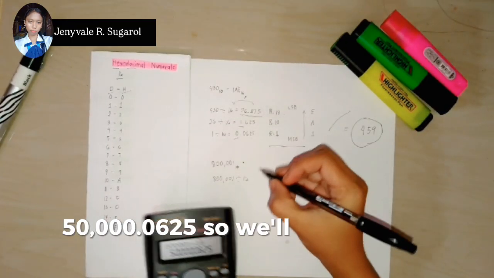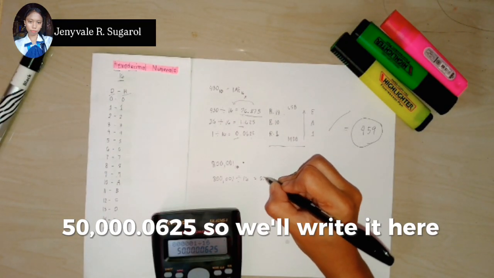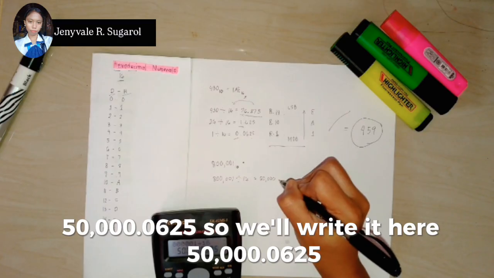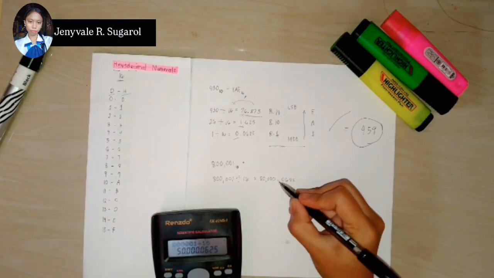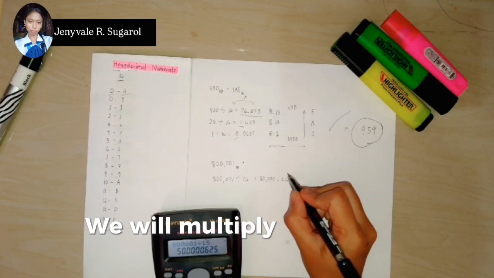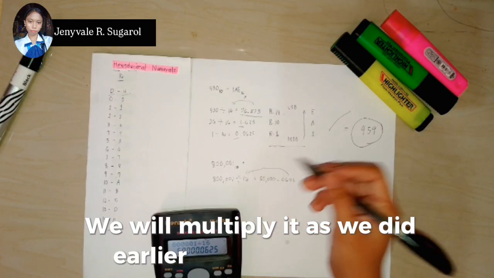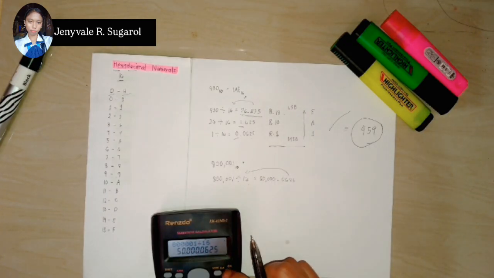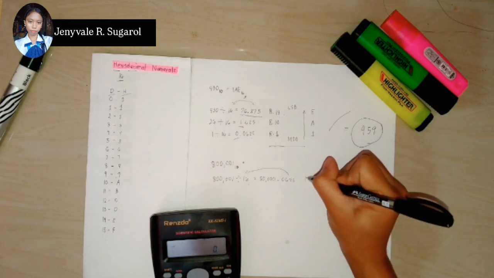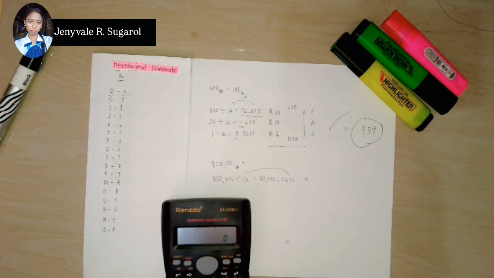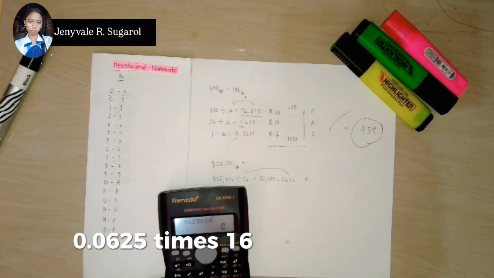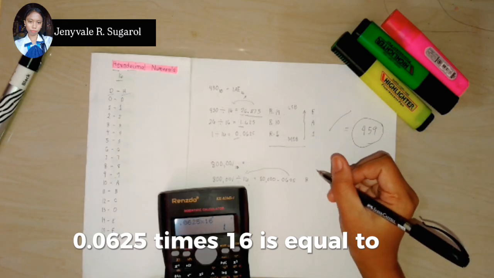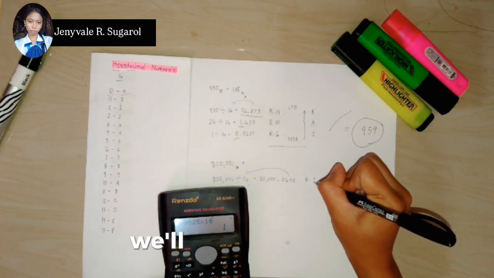50,000.0625. So we'll write it here. We will multiply it by 16 as we did earlier. 0.0625 times 16 is equal to 1. So we'll put remainder 1.